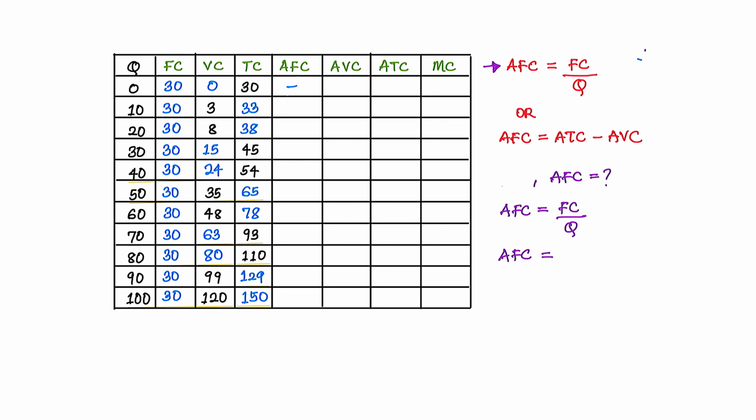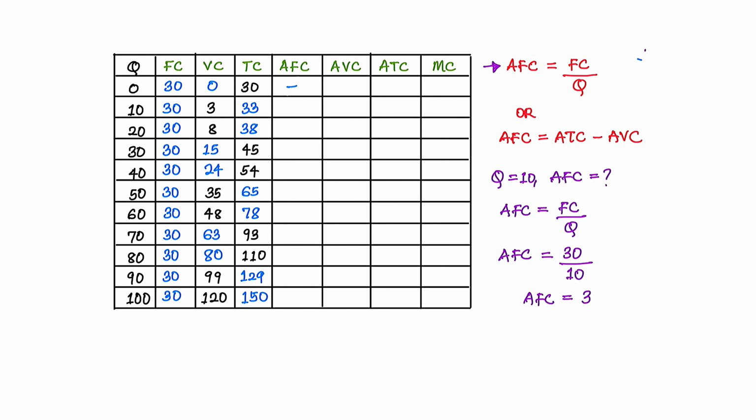Next, we need to find the value of the average fixed cost when the quantity is 10. So when quantity is 10, Q equals 10, we need to find the value of the average fixed cost. So using the formula, fixed cost divided by quantity, the fixed cost is 30 and the quantity is 10. So the average fixed cost equals 30 divided by 10, that would give us 3.